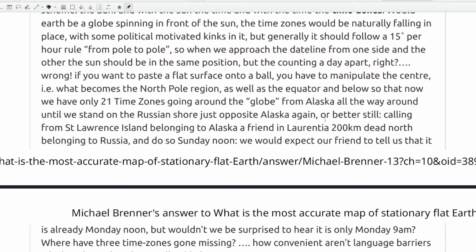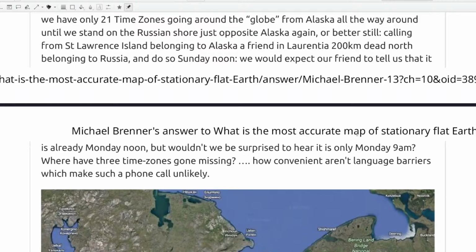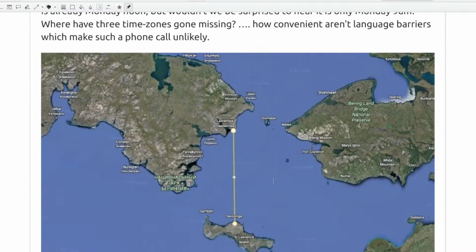Or better still, calling from St. Lawrence Island belonging to Alaska a friend in Laurentia 200 kilometers dead north belonging to Russia, and do so Sunday noon, we would expect our friend to tell us that it is already Monday noon. But wouldn't we be surprised to hear it is only Monday 9 a.m., where have 3 time zones gone missing? How convenient. Aren't language barriers which make such a phone call unlikely?